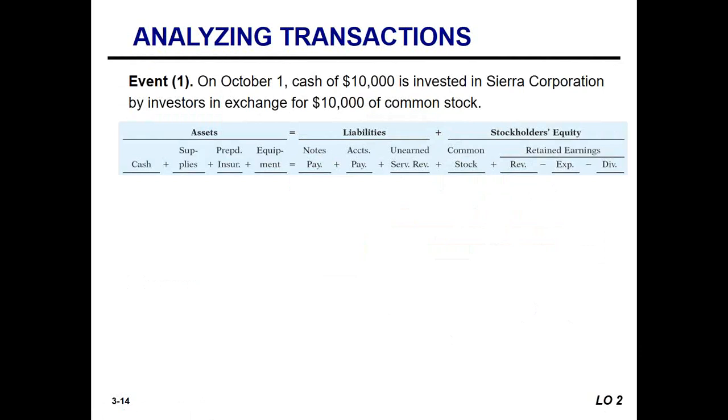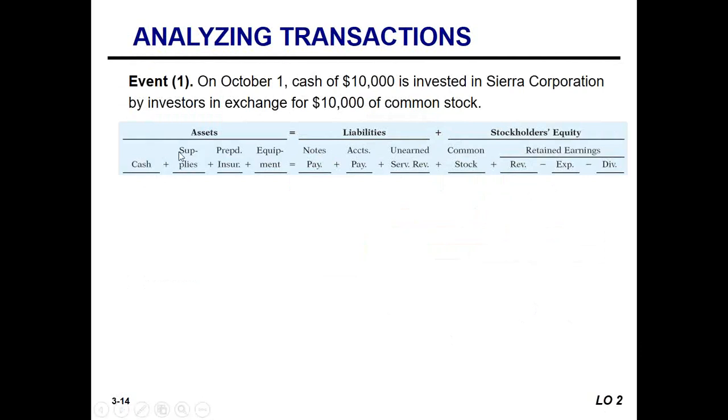We're going to be doing our work on a spreadsheet. And that spreadsheet is broken down into the accounting equation. So as we record items, we will see on the spreadsheet how it affects the accounting equation.